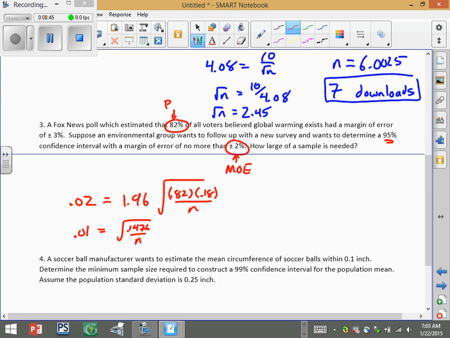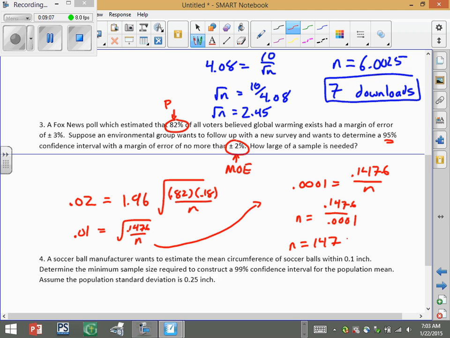Square both sides, so 0.01 squared is 0.0001 equals 0.1476 over n. So n equals 0.1476 over 0.0001. So n here, exactly 1,476 people are needed.